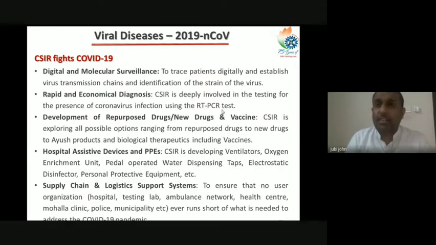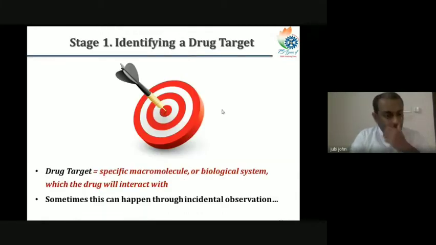And finally, we have introduced a portal, the Arogya Path portal, which makes sure that everything required for the treatment, and everything required for the health machinery, the police, and others to address the COVID-19 pandemic is available throughout the country. Now, I have almost come to the end of the first part of today's presentation, that is, talking about viral diseases.